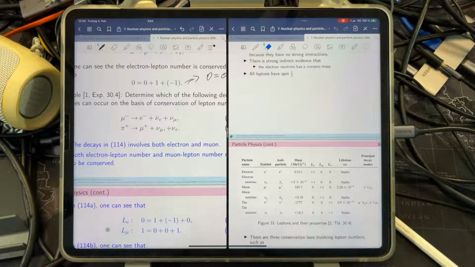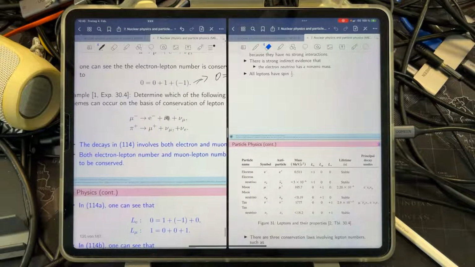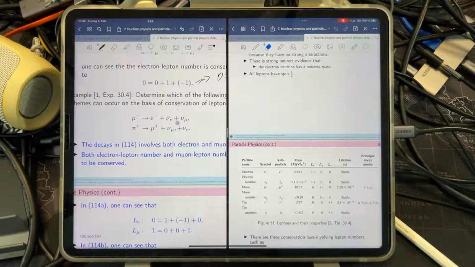Once we have considered both the electron lepton number and the muon lepton number for this single reaction or decay, and both are valid, we will conclude that this reaction or decay could take place in nature, because there are conservations for electron lepton number and muon lepton number.